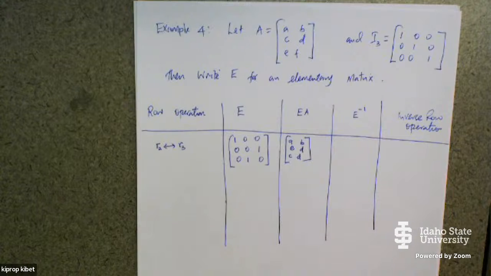If you multiply this elementary matrix by A, this and that will be A, and the others are zeros. This and this will be B, and others are zeros.